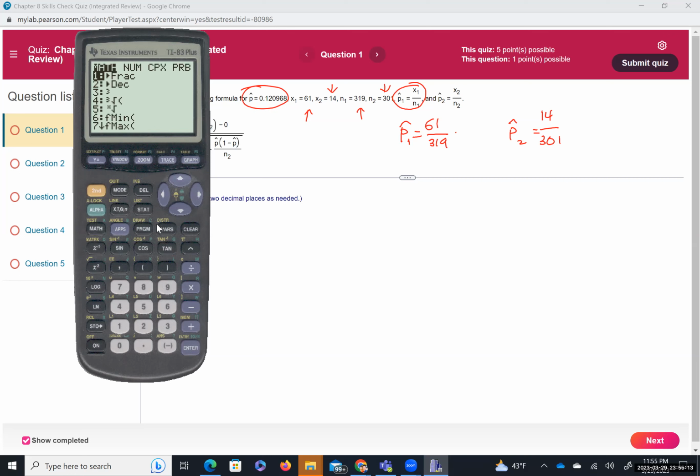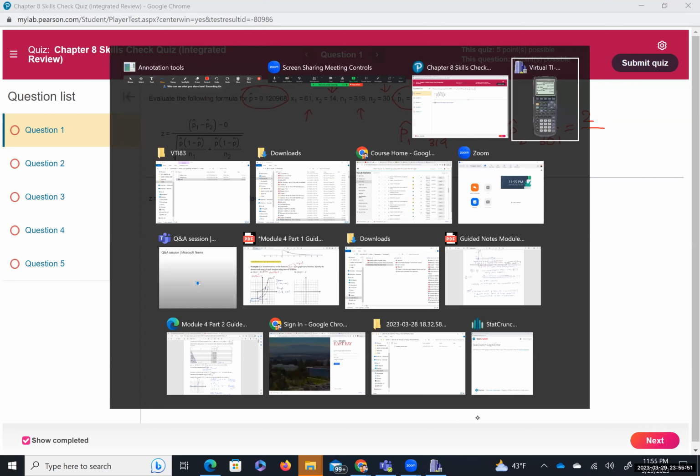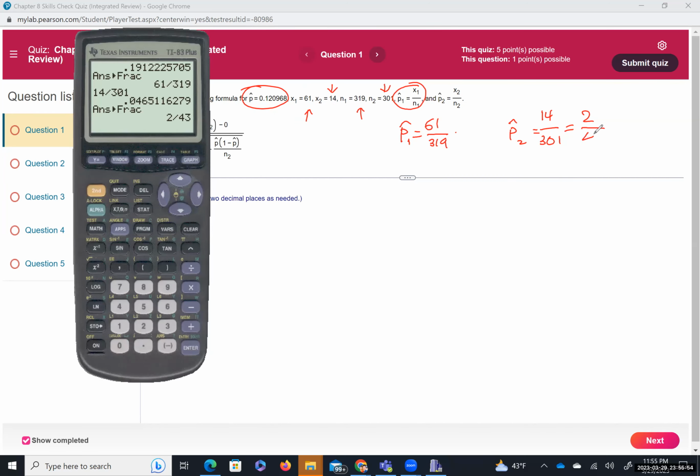So it's actually in simplified form already, and we can't simplify it. For P2 you can do 14 divided by 301. Okay, so it looks like we can simplify the fraction as 2 over 43. Okay.